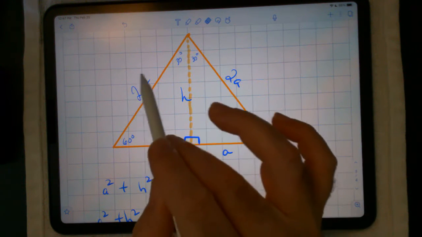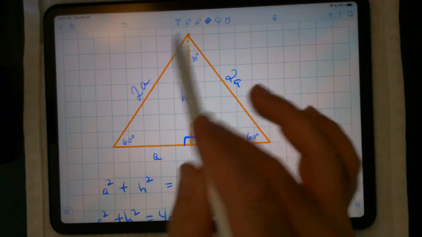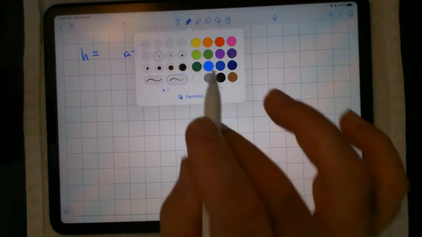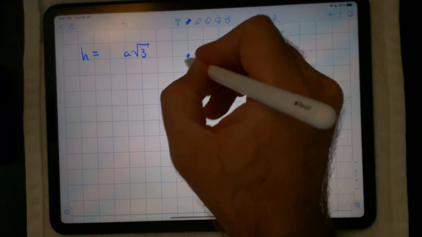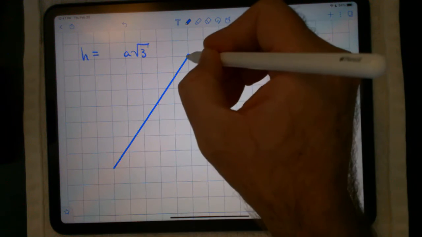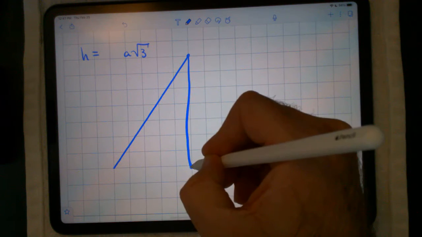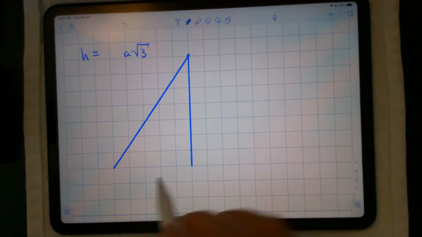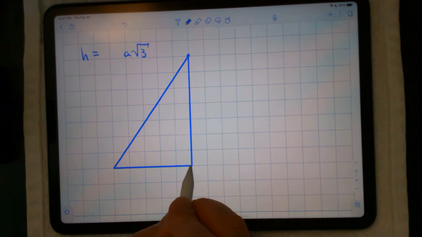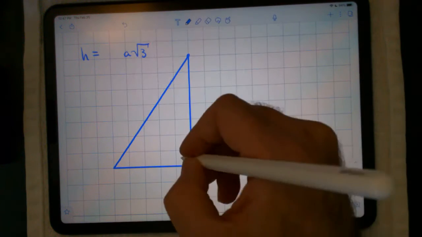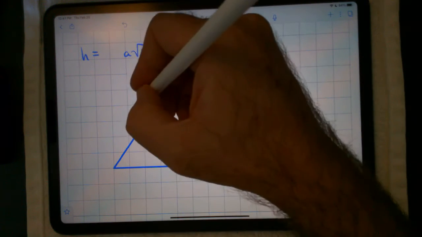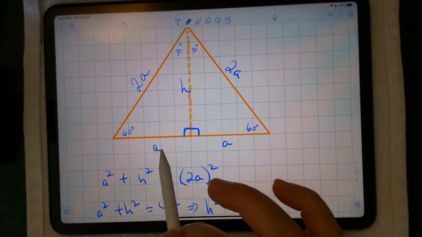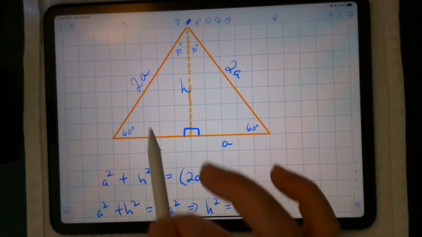So if we set the hypotenuse equal to 1, so this is all equal to 1, then the base is 1/2 of that.